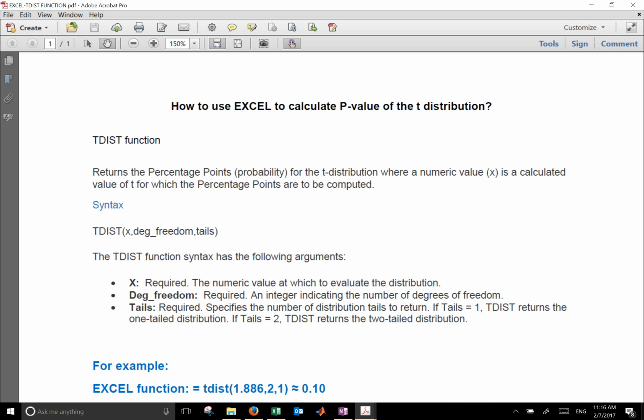This function returns the percentage point, the probability for the t distribution, where x is a calculated value of t for which the percentage points are to be computed. T.DIST has 3 parameters: x, degrees of freedom, and tails. x is the location, and the t distribution also has degrees of freedom. If you have n data points, the degrees of freedom is n minus 1.